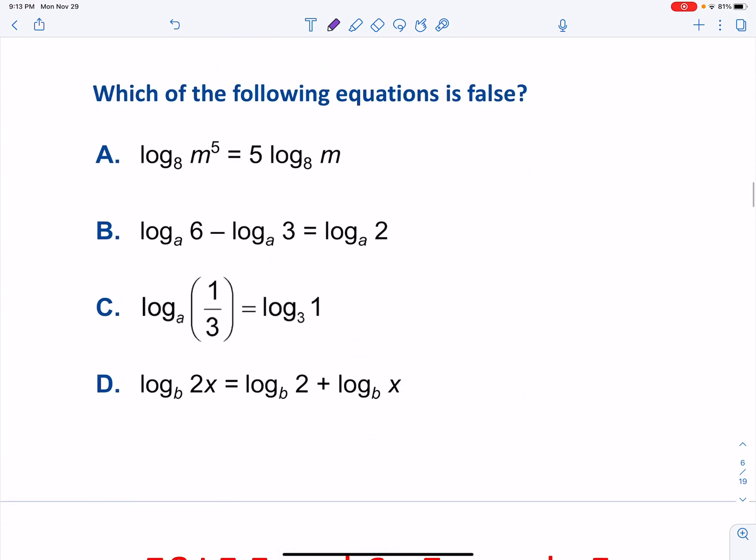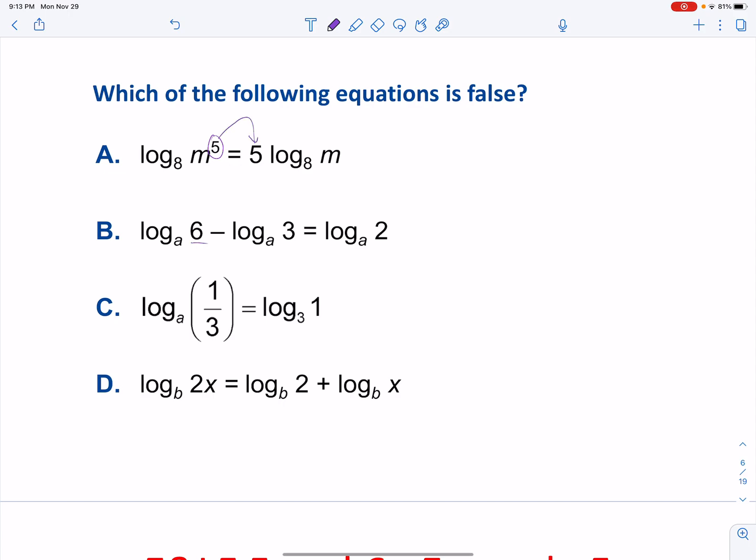Okay. This was actually a released ACT question. So it wants to know which one is false. So when it asks that on the ACT, I'm going to give you a minute to figure out which one is false, and then we'll talk about it. Okay, when it asks that on the ACT, I would just start at the top. On this one, the 5 is here. They pulled it out in front. That's legal. So that one's true.